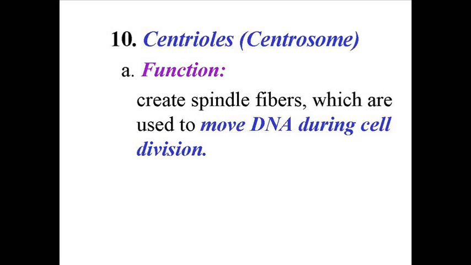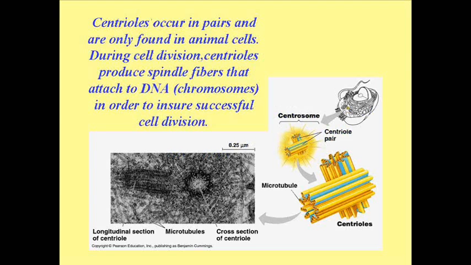All right. The last organelle I'd like to talk about for a moment here is the centrosomes or centrioles. We'll come back and look at these in the next unit when we talk about cell division. But these guys are found in animal cells primarily, and they create the spindle fibers, a protein type structure, which is used only during cell division.